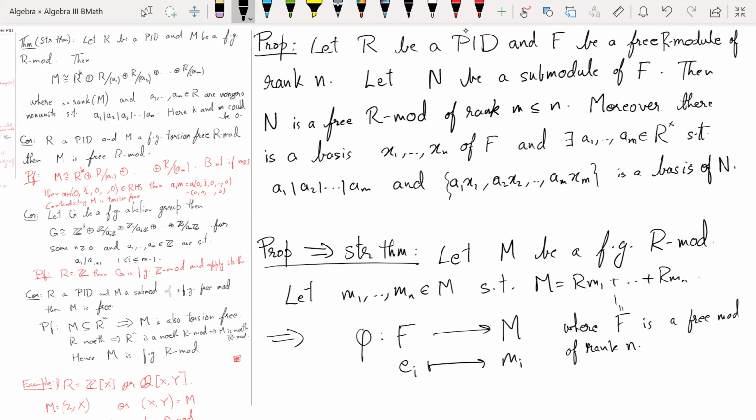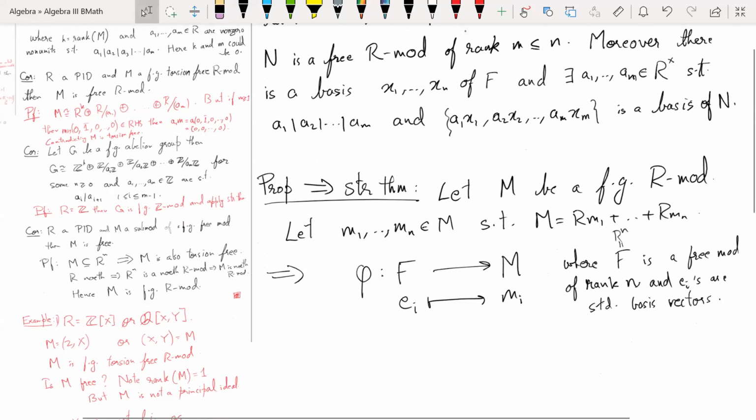So F is R^n, if you like. That is how a free module of rank n looks like. And the ei are standard basis vectors. You can take any basis vectors, but let's just take standard basis vectors.